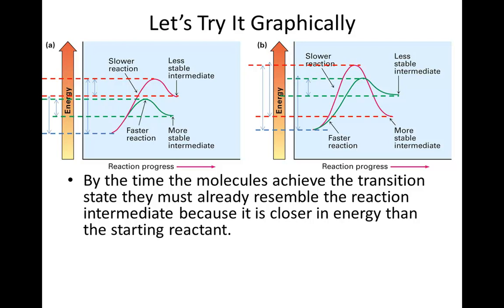We're trying to justify why the reaction intermediate dictates the outcome. And so the more stable carbocation is going to dictate this pathway, because by the time you get over the top of this hill, it already looks a lot like that carbocation, or radical if that's what you're going through.